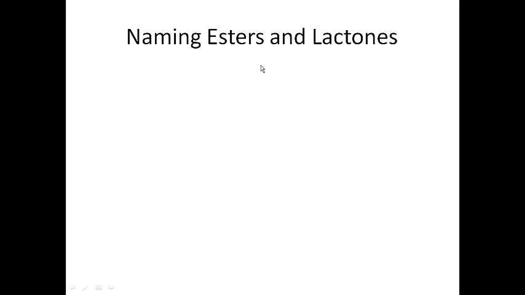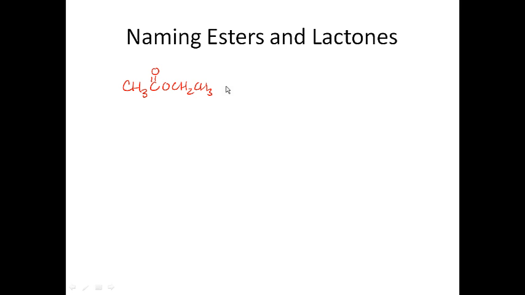Now, naming esters and lactones. We've talked a little bit about lactones, and I'll remind you of that in a few minutes. But if we're looking at the esters, we have to understand exactly what we're looking at when we look at a carboxylic acid ester. So let's say something simple like ethyl acetate, and I'll come to that name in a minute.